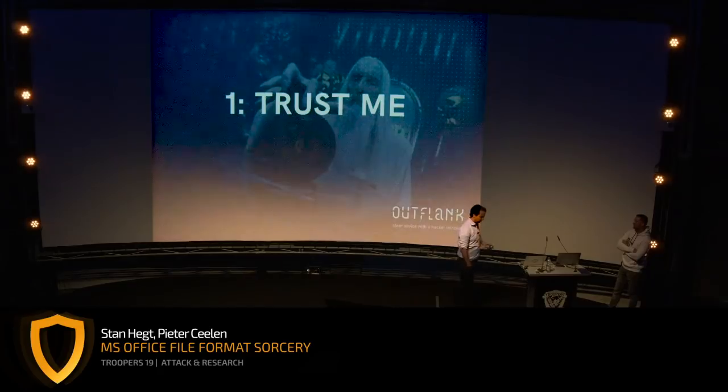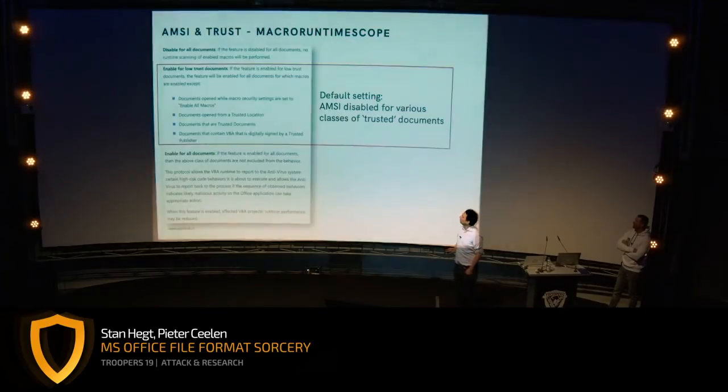And if you looked into that picture of how MZ worked, there was no mention of trust, but what is trust actually in the Office context? Well, MZ and trust have a relation. The MZ engine can be configured for which files it should process.